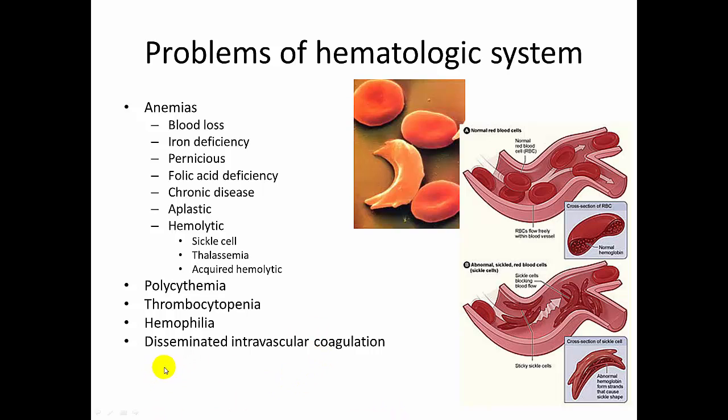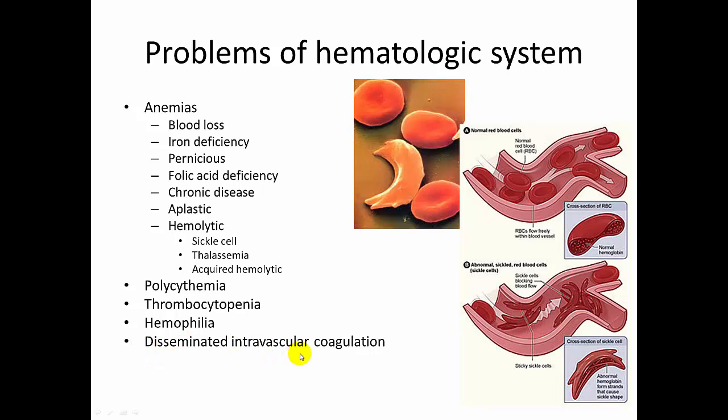Here's the deal with DIC, in that it's inappropriate clotting. It's clotting when we don't want or need clotting, and it uses up all the clotting factors. So now we've used up all the clotting factors, and so we have excess bleeding.